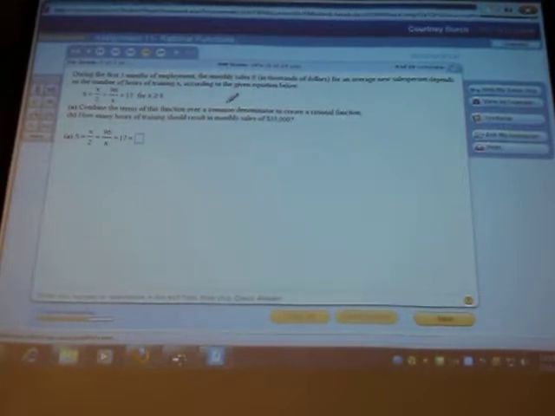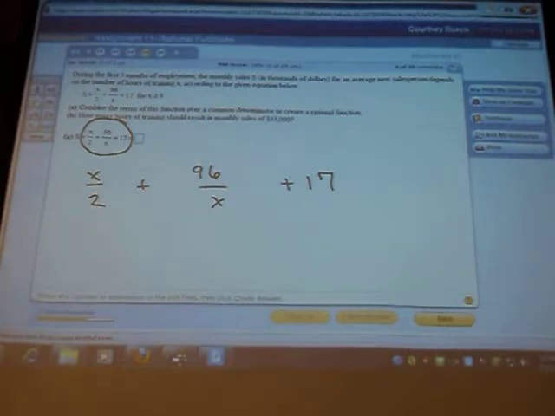24. Sometimes people get confused about what they're looking for here. What they're looking for is for you to take this stuff that's three separate terms and combine them all into one fraction over a common denominator. So if I've got x over 2 plus 96 over x plus 17, that would be 17 over 1, right?